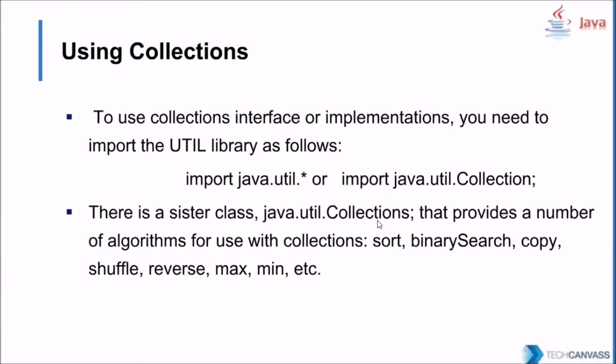Whenever we make use of any collection related stuff, for example ArrayList, LinkedList, or HashMap, we have to import java.util. If these libraries are not imported, the compiler will give an error that the method or definition is not defined.